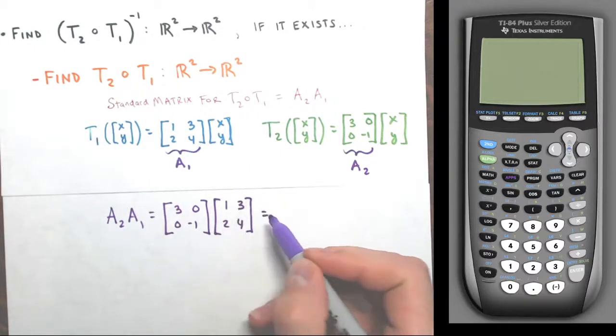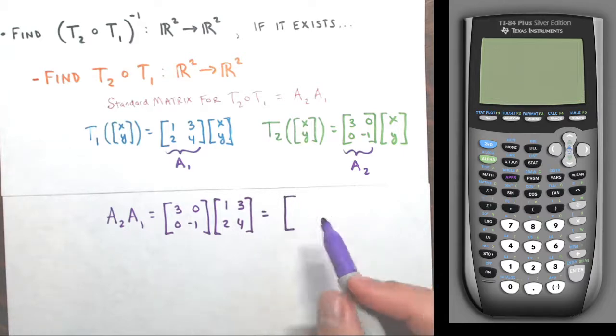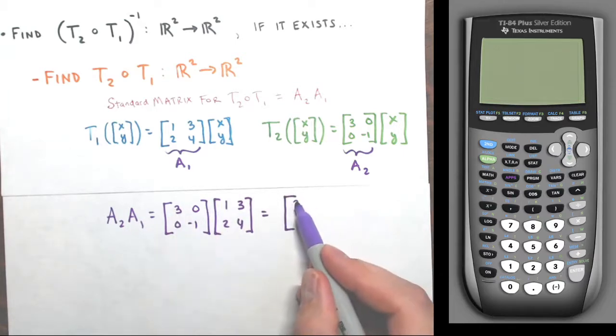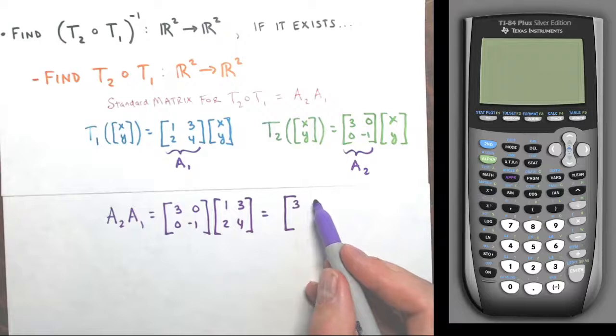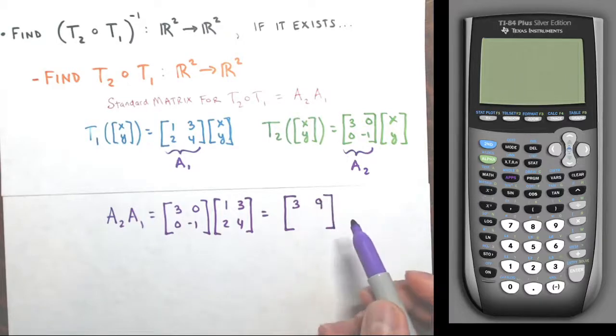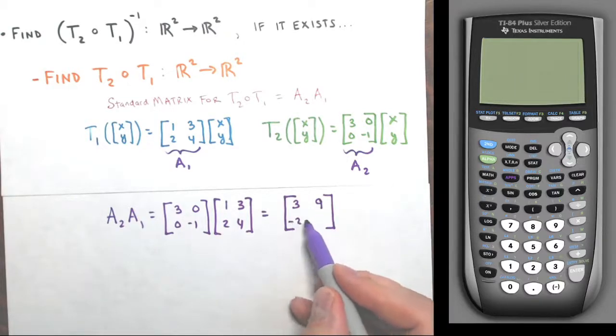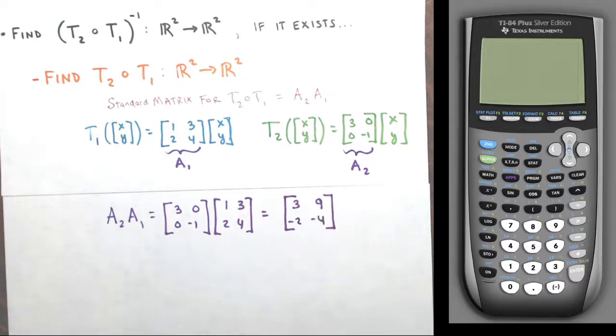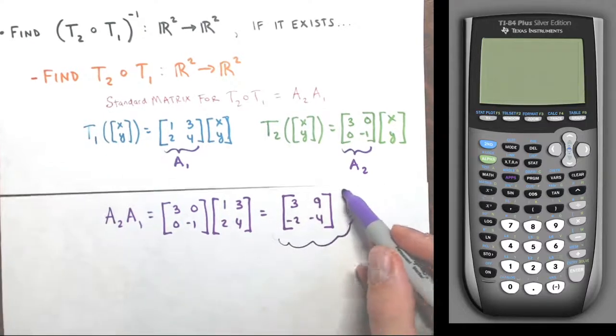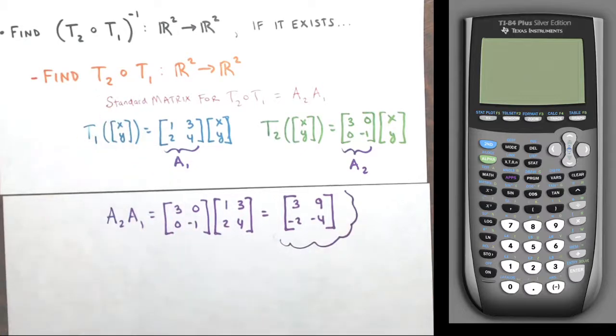So this would be another 2 by 2 with 3 and then 9, and then -2, -4. So 3 9 -2 -4. There's the standard matrix for T2 composed with T1. Just do usual matrix multiplication there.